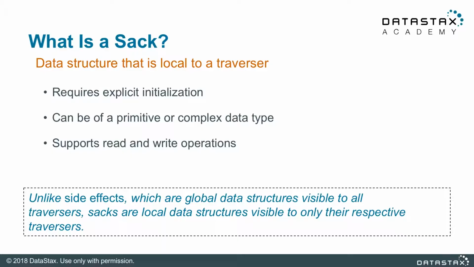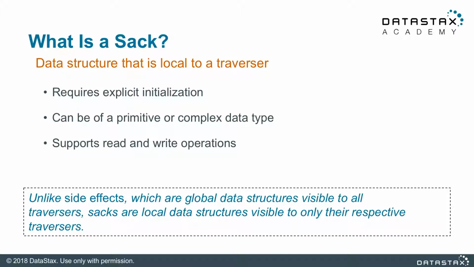While as a visual that may make sense, let's dive a little bit deeper and create a more concrete definition. In its simplest form, a sack is just an object or a data structure that is local to the traverser. You're required to initialize the sack with a value or an object, such as 0 or maybe an empty map.